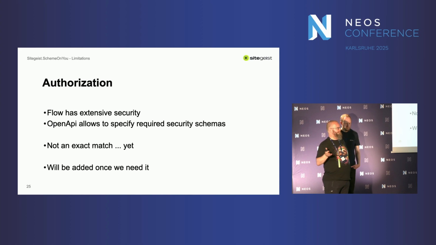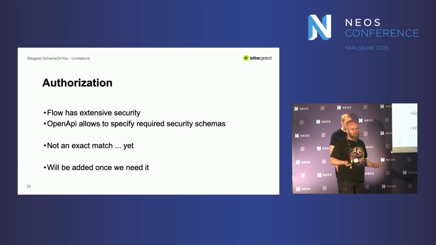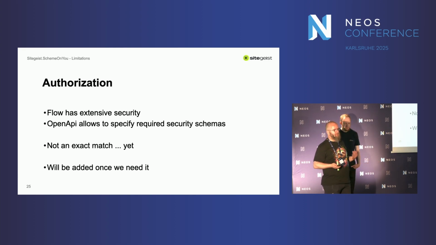There can be multiple headers or stuff like that. It's OAuth and whatever. So OpenAPI will be able to describe it, and we simply did not get around to implementing it yet. But we will implement it once we need it, and we already have projects that will likely use or require that. So that is a limitation that will go away quite soon.